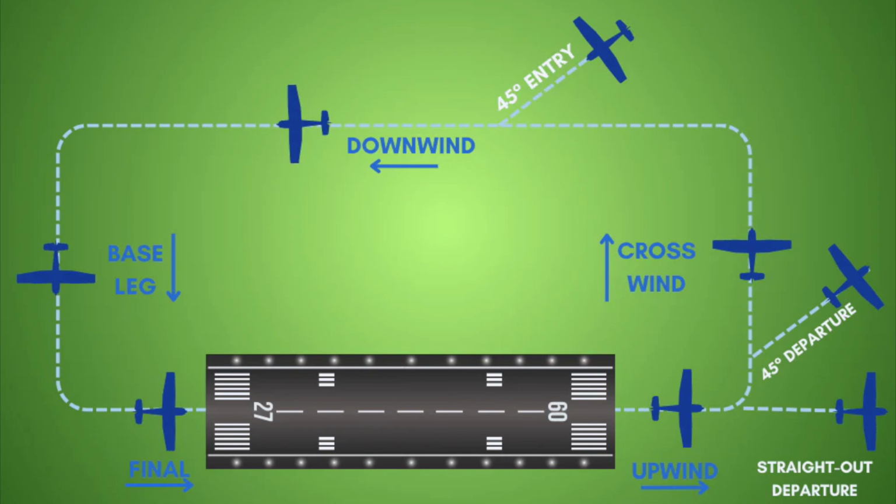The reason I point that out is because you remember me saying previously that the aircraft will be landing into the wind. And some of you are saying, how is that possible? Well, it is, because the aircraft that is taking off into the wind on the upwind leg will be expecting another aircraft directly behind them that will be landing from the final approach leg. Both of them, departing and arriving, will be going into the wind.